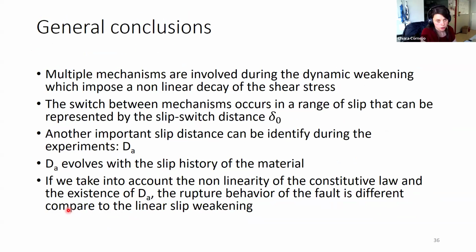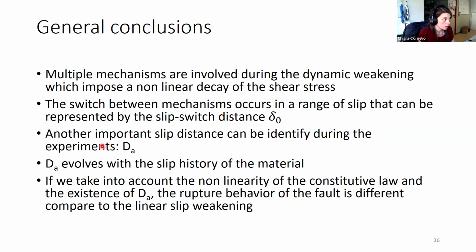So as a general conclusion for this presentation, what we have seen is that multiple weakening mechanisms are involved during the weakening stage, that basically all of them impose a nonlinear decay of the shear stress, and that we identify a distance of switch between what is happening at the asperity scale and what is happening at the bulk scale of our experiment.